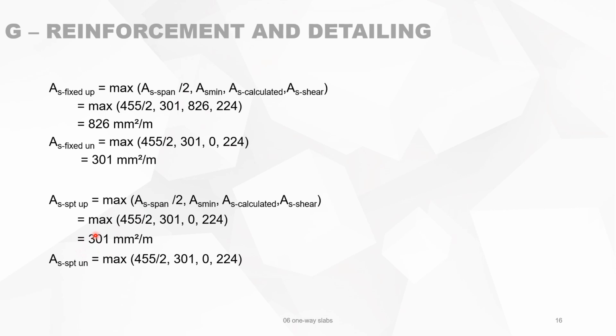So we end up with 301 square millimeters per meter, which is the minimum reinforcement. And at the bottom, the lower reinforcement, we make the same reasoning, and we also have the minimum reinforcement. So this is how you calculate the reinforcement that has to be at the level of the supports of the slab.